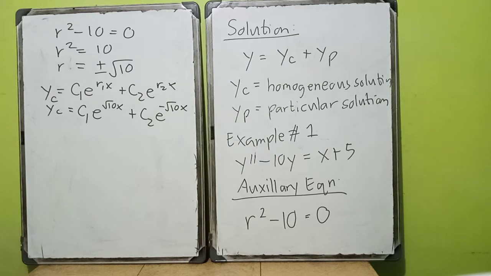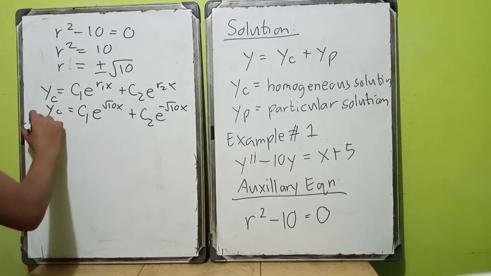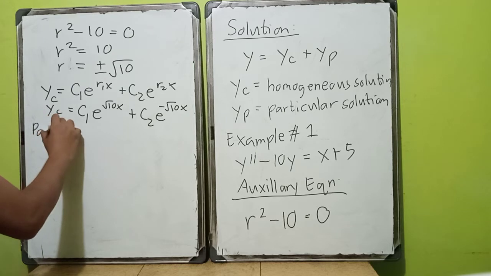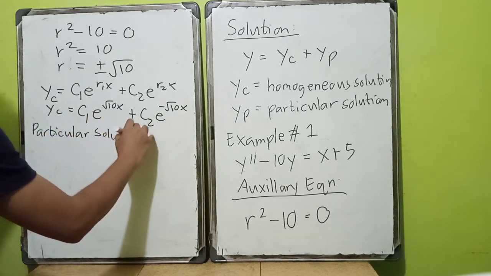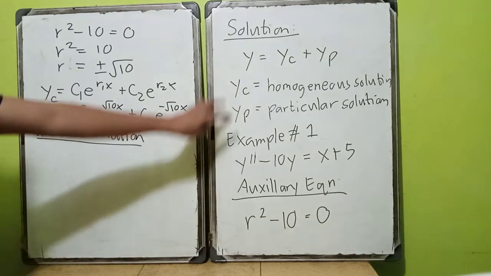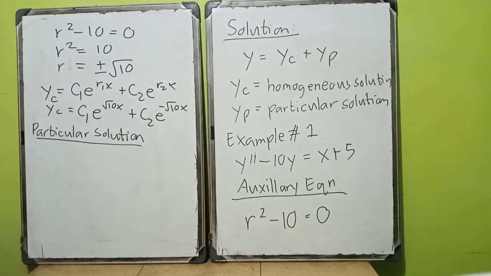So, that is your homogeneous solution. Okay? So, we are not yet done. So, the next thing we should do is get a particular solution. Okay. So, this problem, example number 1, is specifically a polynomial. Okay, so this is a polynomial solution.